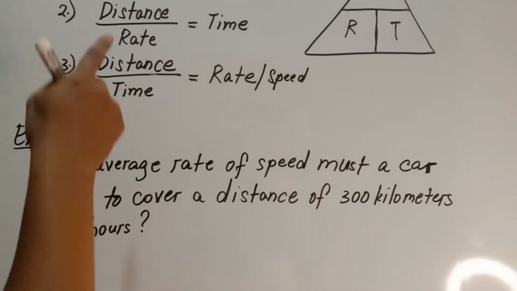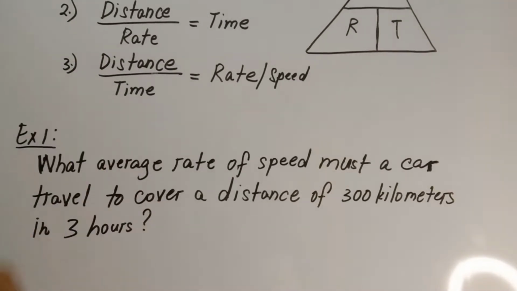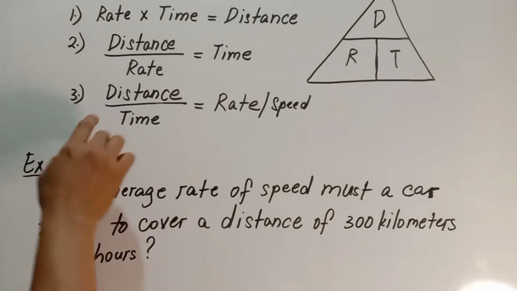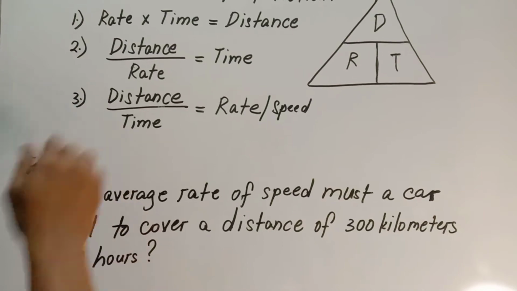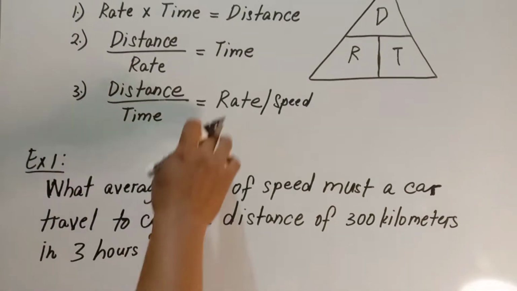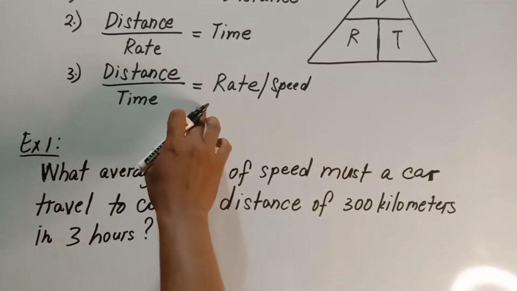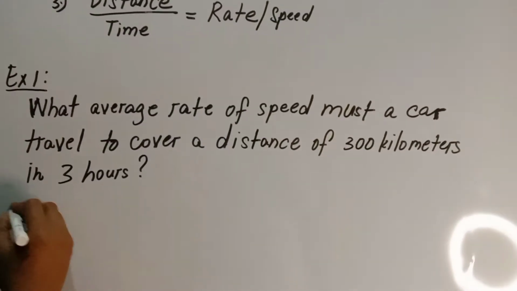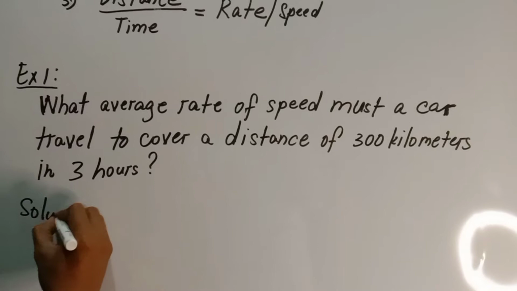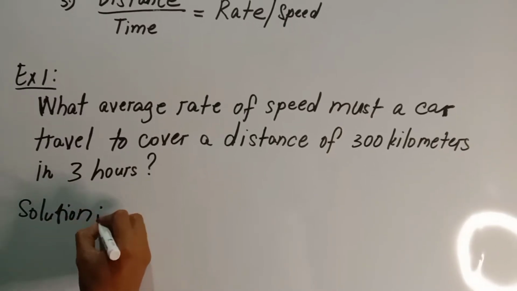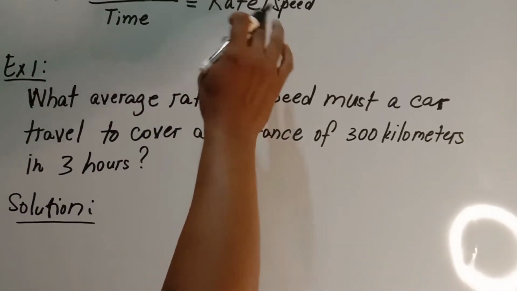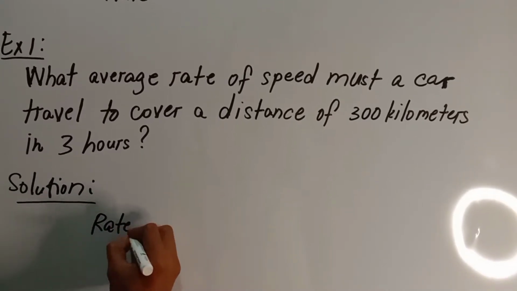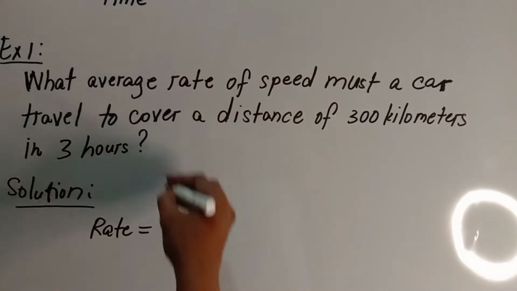By applying the relationships of motion, since the required is the speed, we can use the third relationship. Solution: rate or speed is equal to distance over time.